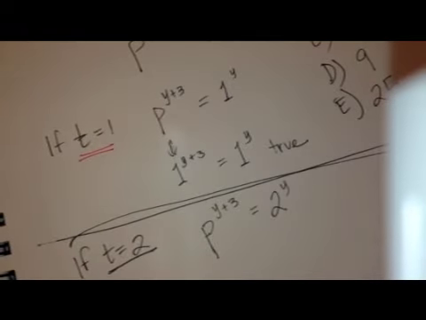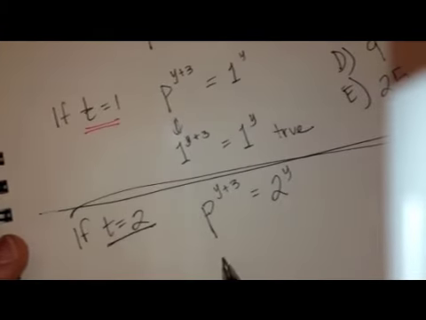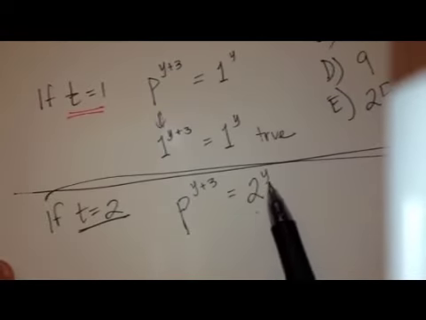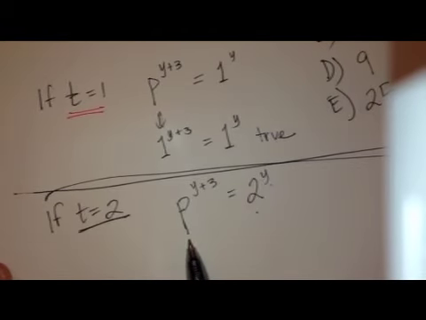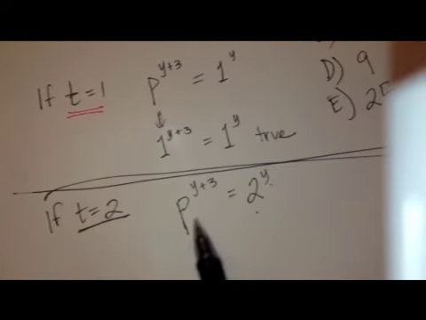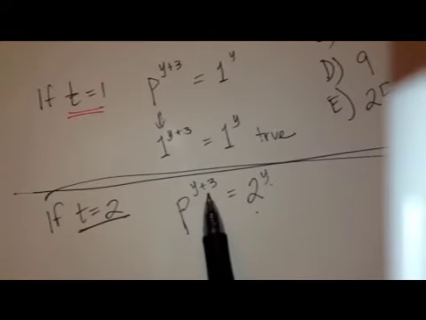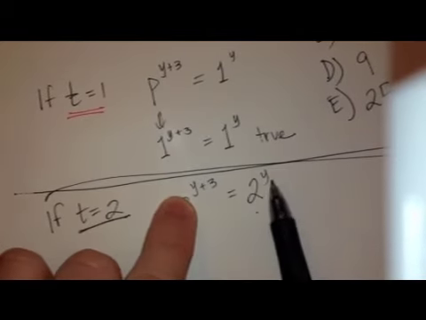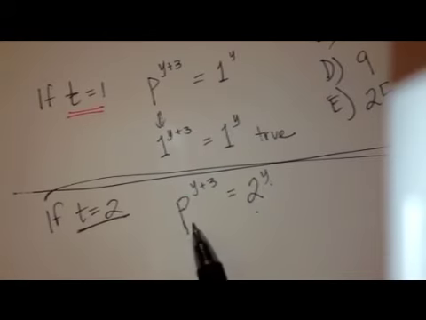Well, here's where my common sense alarm kicked in. 2 to the y power equals some number p to a bigger power. And since these are all positive integers, that means p to the y plus 3, or y plus 3 is bigger than y.